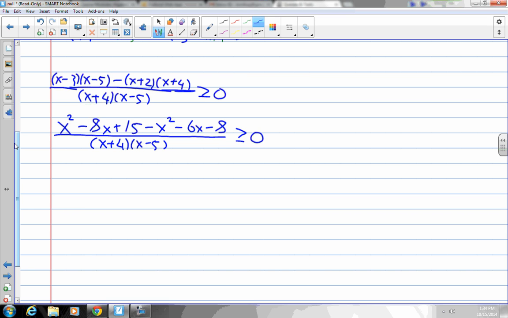The way I foil is the same way you factor: two numbers that add to 6 and multiply to 8. So I know to add 4 and 2 to get 6 and multiply 2 and 4 to get 8. So combine like terms, x squared cancel, and what we end up with is negative 14x plus 7 over x plus 4, x minus 5, greater than or equal to 0.